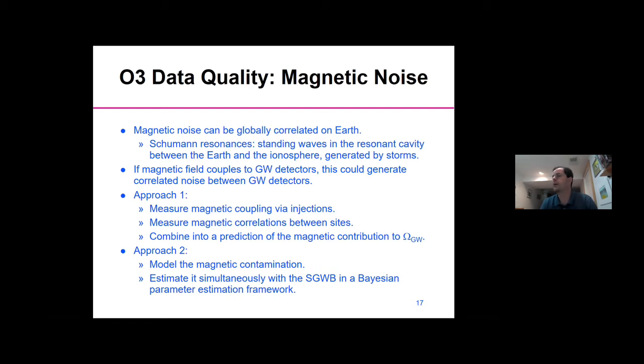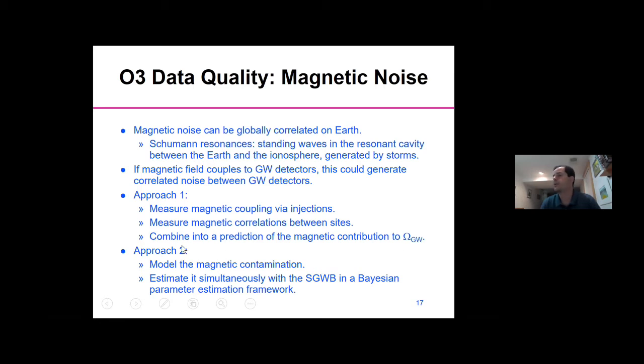And then you can combine the magnetic correlations with the coupling of the magnetic field to the strain channel at each detector to estimate the contribution of these magnetic correlations to omega GW. That's one way to approach this. You measure the magnetic correlations, you measure how much they couple at each site, and then you pull all of that together to estimate the contribution to omega.